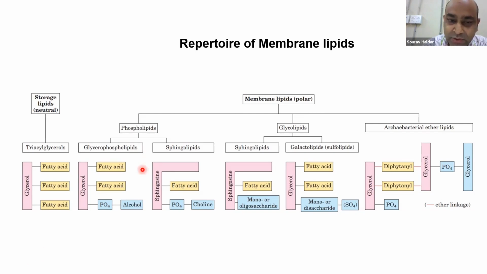So this gives you a more comprehensive view of what the different possible lipids are. The first one is of course storage lipid, and in fact we have been talking about lipid droplets. So basically what is stored in lipid droplets is the fat, and the fats are nothing but triacylglycerol, the precursors of membrane lipids.